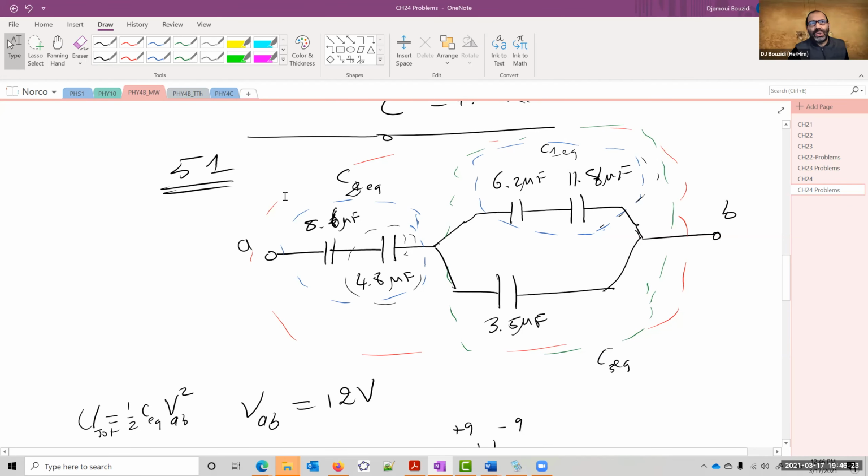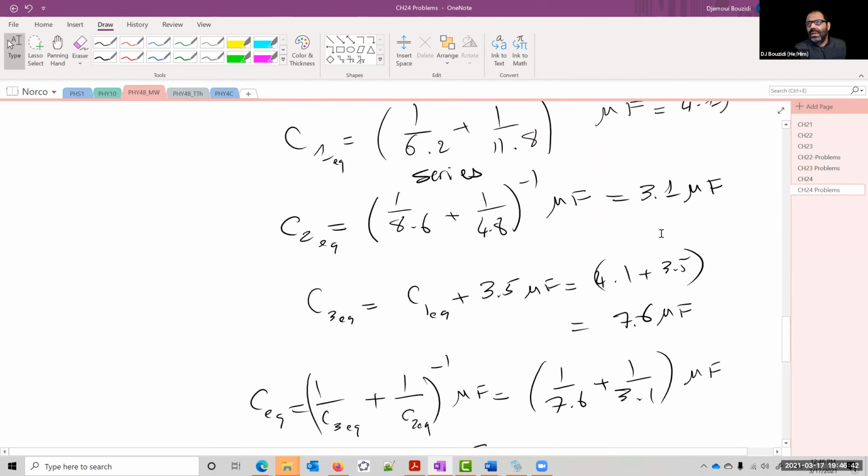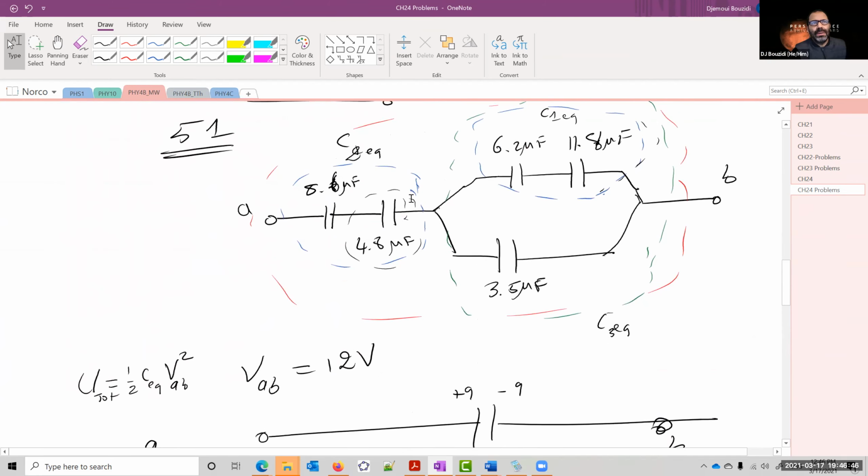You know the overall voltage is 12 volt. Now you know the charge in here, so you need to find the voltage drop in this section. We have the C equivalent in here for that section being 3.1 microfarads.